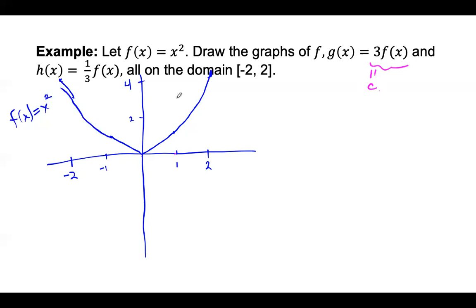So 1 squared times 3. Here it's going to be 2 squared, so 4 times 3. So it's going to be way up there. Can't draw it. So you see that it kind of compresses it. -1 squared is 1, 1 times 3, 3.